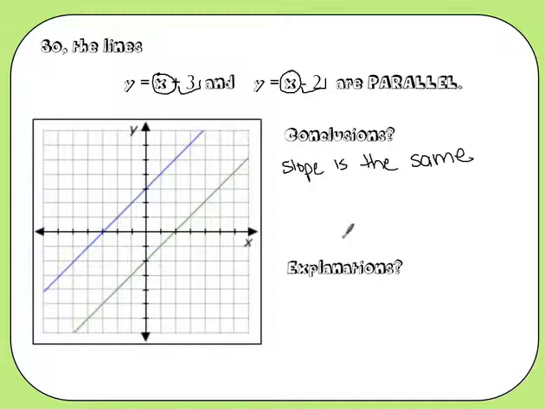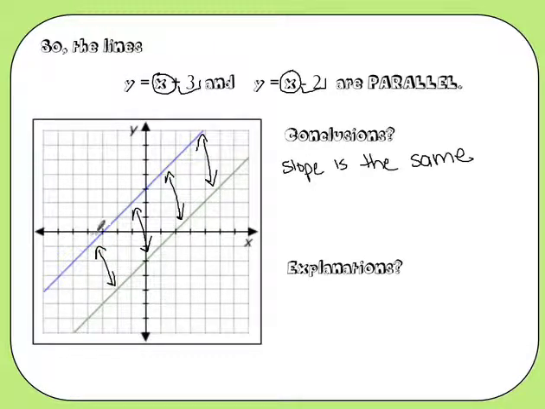So let's think about why that would happen. Here, I'm changing it up 1 over 1, up 1 over 1. The same thing down here, up 1 over 1, up 1 over 1. Because these two lines are changing at the exact same rate, they are maintaining the same distance between them each time.